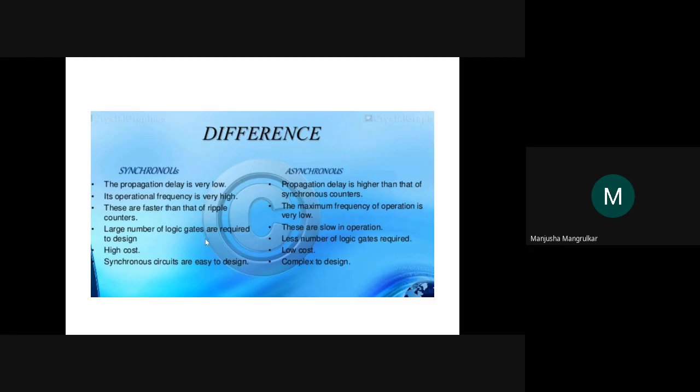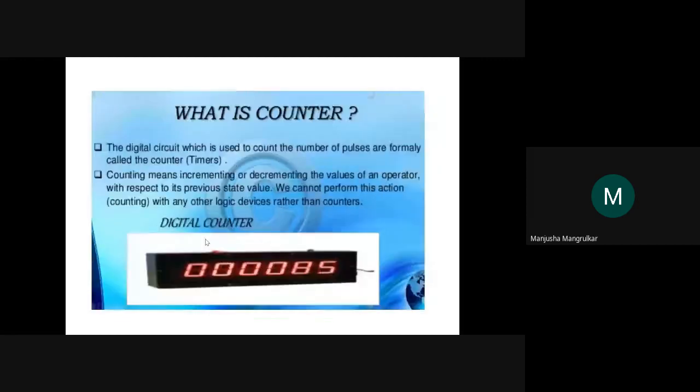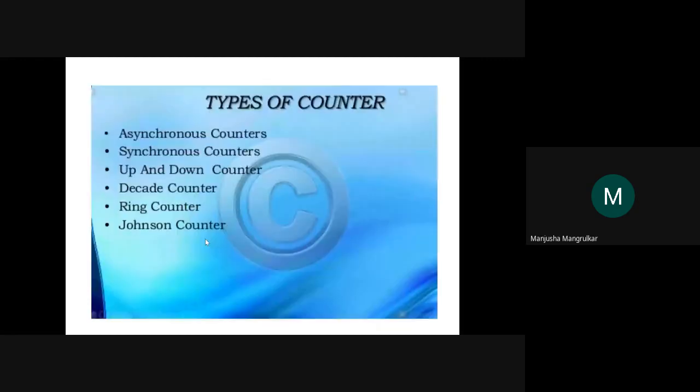So in the next lecture, we will see how we design a ripple counter, ring counter, decade counter, Johnson counter. So up counter, down counter, decade counter, ring counter, and Johnson counter. We will see the designing of counters in the next lecture.